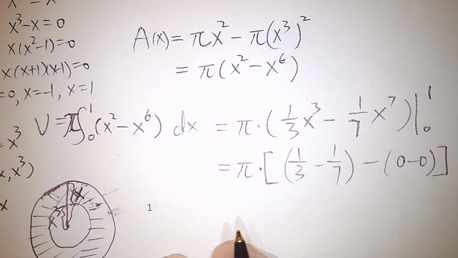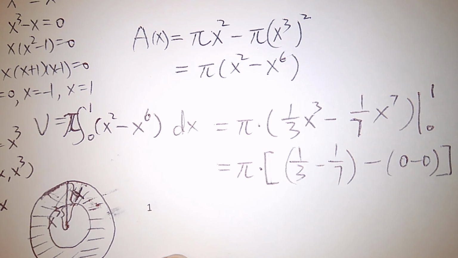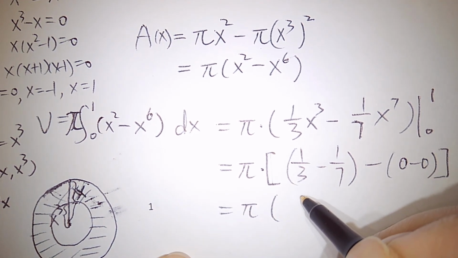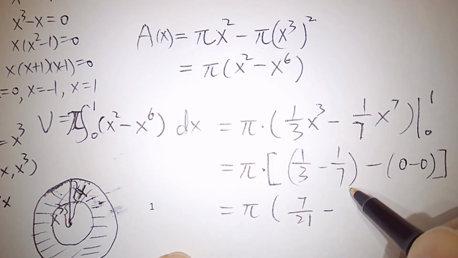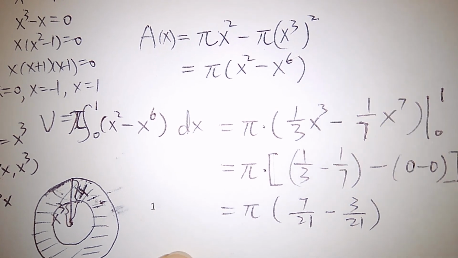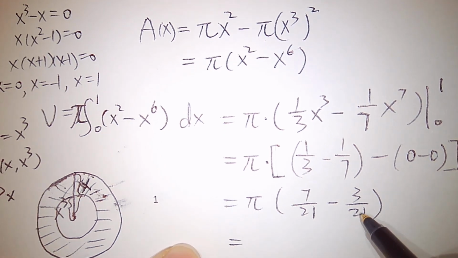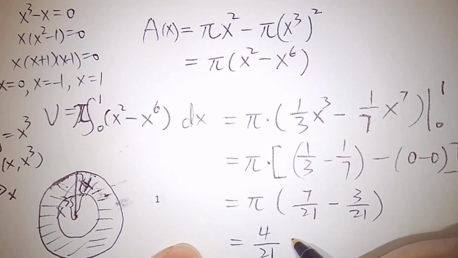Can you follow me, everybody? So 1/3 is 7 out of 21, 1/7 is 3 out of 21. So eventually it gives us 4 over 21 times pi.